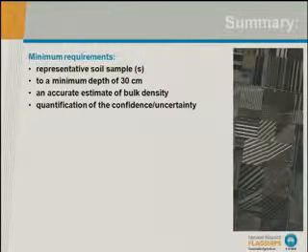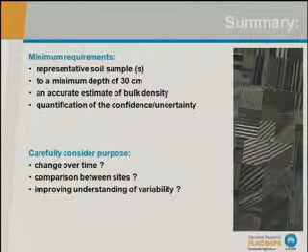So in summary, quickly, the minimum requirements are to provide a representative soil sample to a minimum of 30 centimetre depth, and will require an accurate bulk density. In order to look at confidence or uncertainty, we'll also need a number of different replicate samples in order to calculate that.